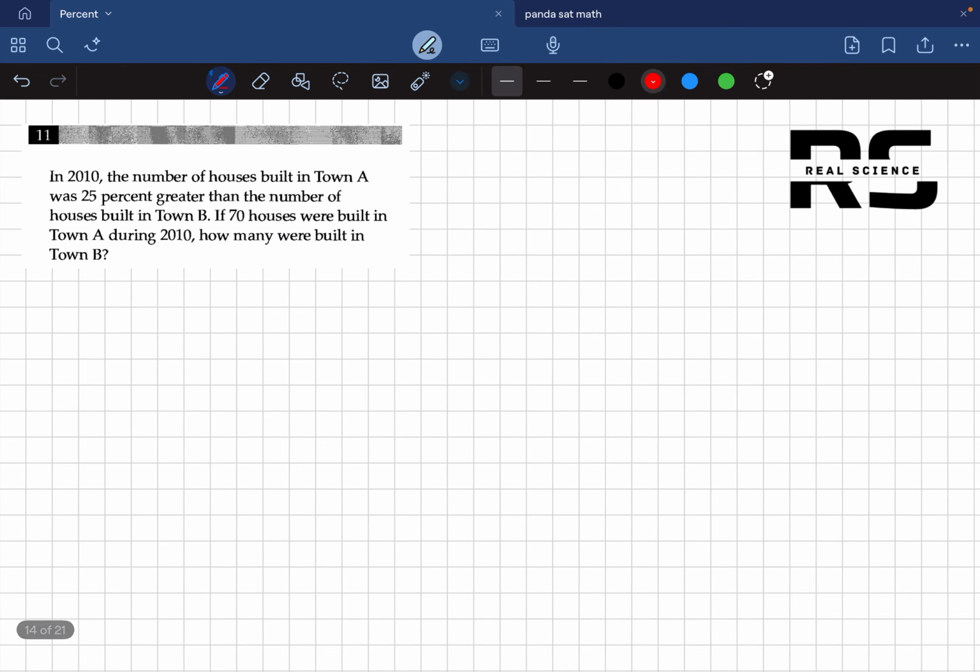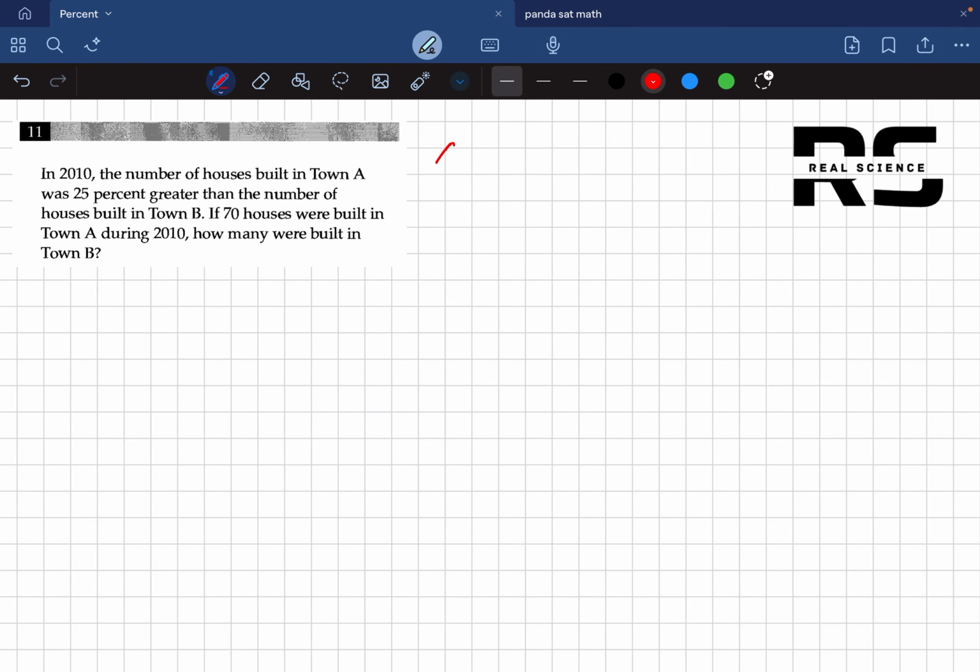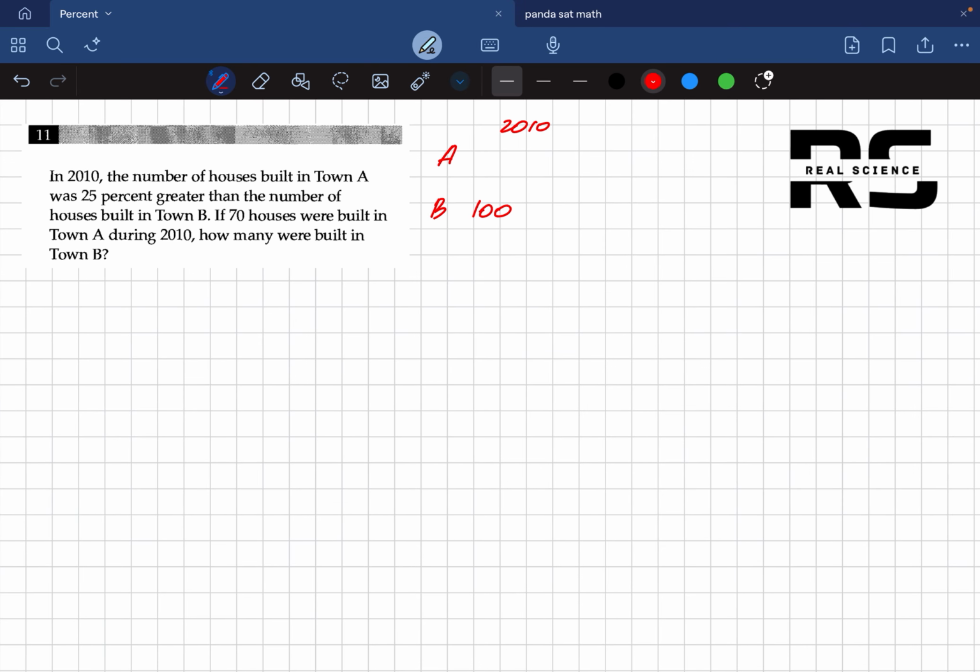Let's look at number 11. So in 2010, the number of houses built in town A was 25% greater than the number of houses built in town B. So let's say A, B, the year 2010. Let's say that the number of houses built in town B was 100, and in town A, because it was 25% greater, it is basically 125.